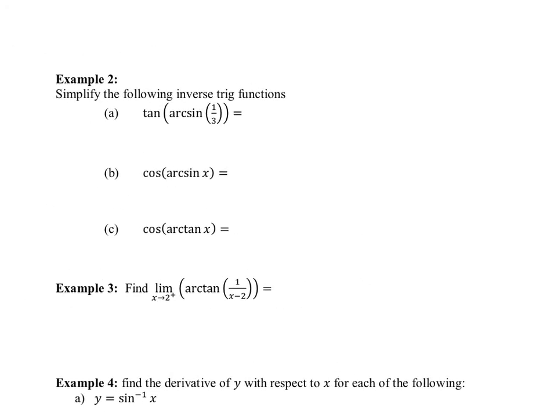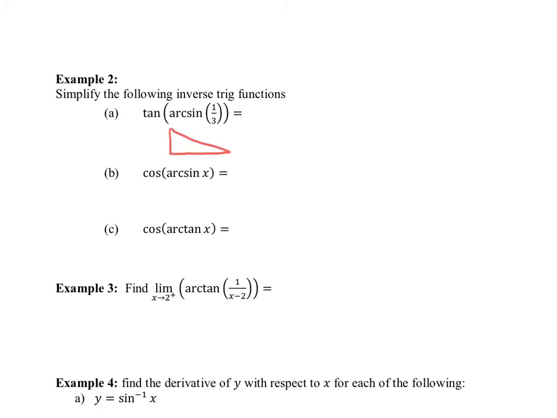All right, let's take a moment to simplify some of these just so that we have the hang of this. If we're looking at the tangent of arcsine or inverse sine of 1/3, keep in mind that what we're dealing with is this angle.